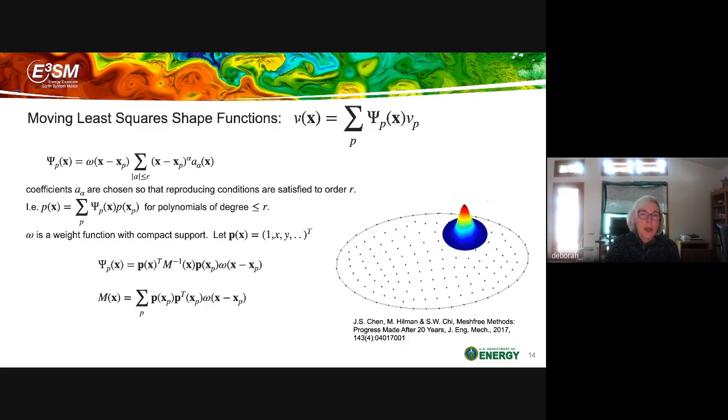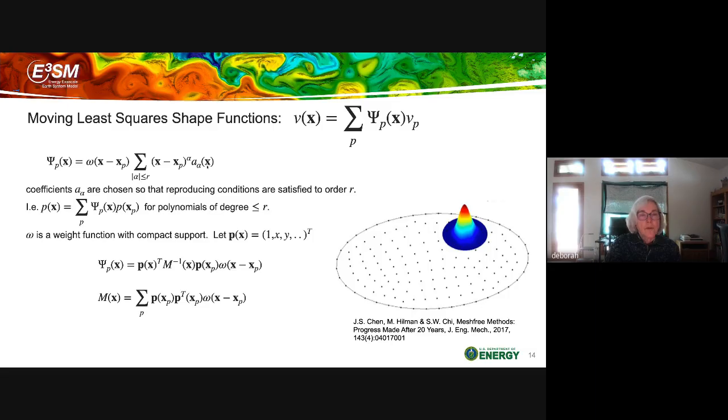We want to get values at other positions from the material point quantities. So what does a moving least squares shape function look like? Well, these are quite common in mesh-free methods, if you've seen them. Basically, they're polynomials. So this is just a polynomial in a position x with coefficients that vary spatially.